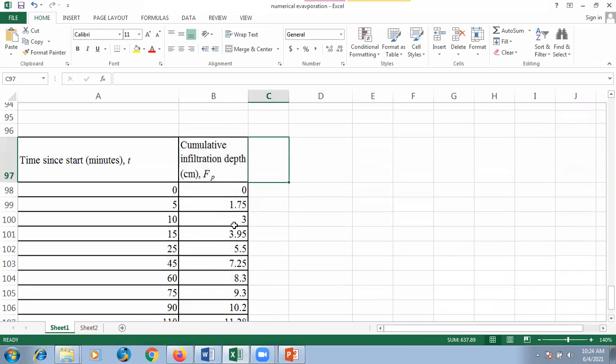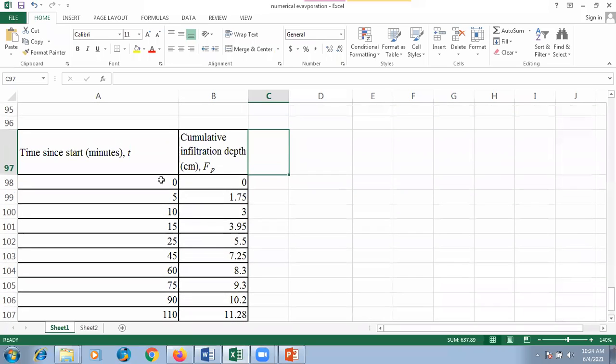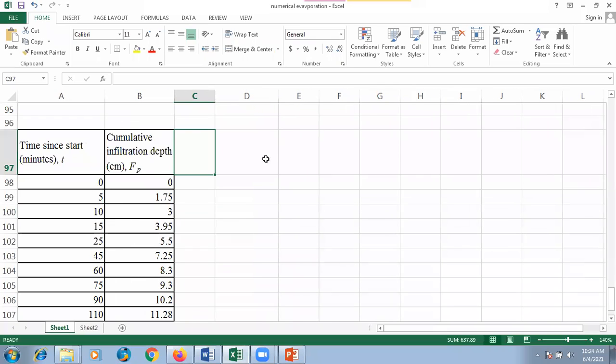This is the data as obtained from a double ring infiltrometer, let us say. So time in minutes you have, and the cumulative infiltration depth you have. Then what has gone into the soil in fixed intervals of time you have to calculate, because this represents only the cumulative value.